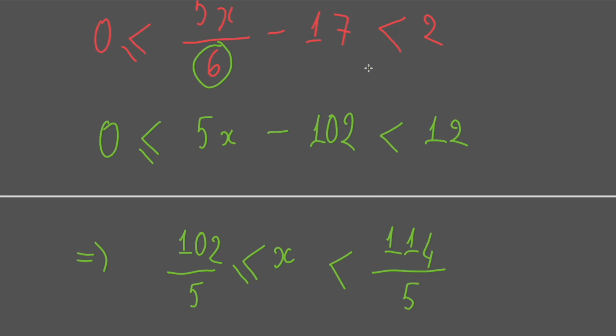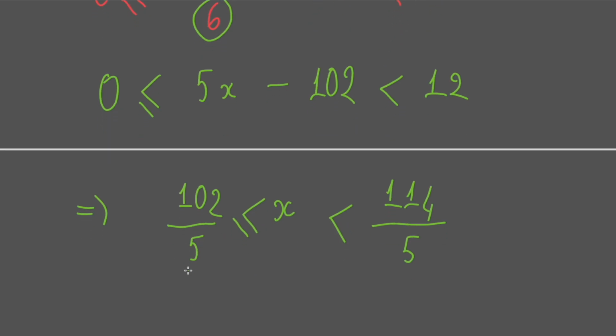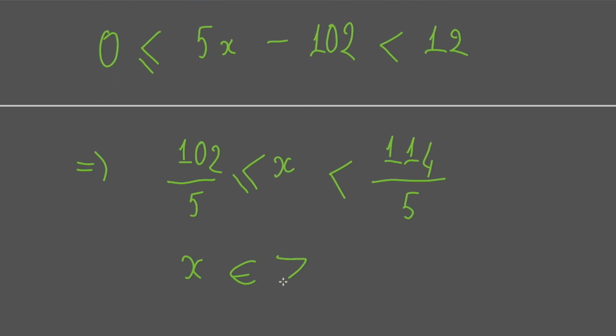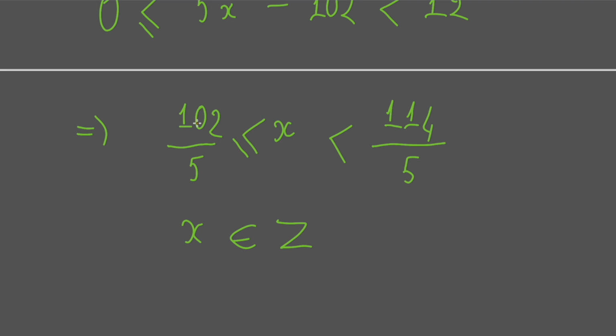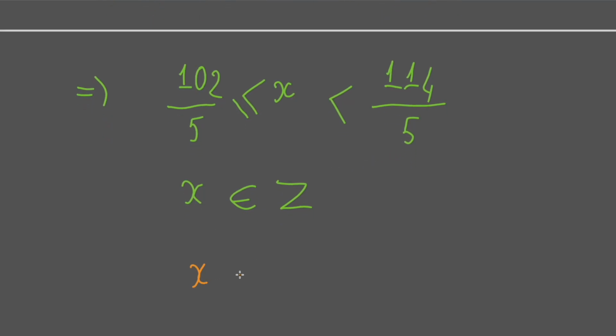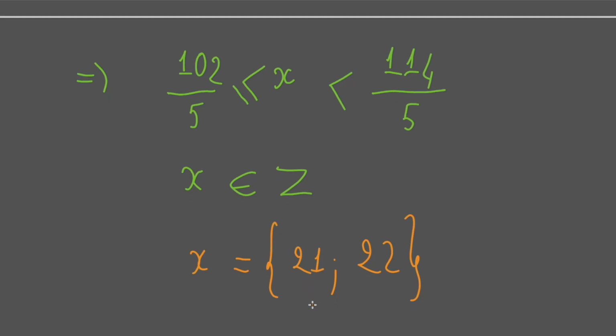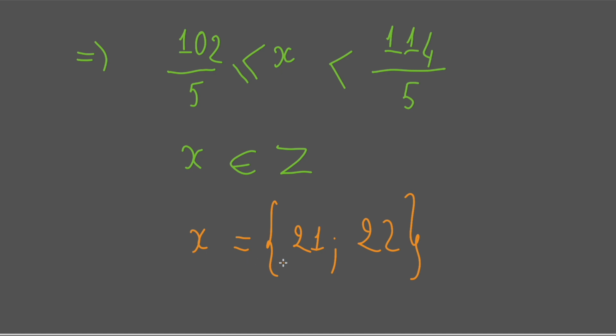And from the problem, it says x is a member of the integers. So obviously, between 102 over 5 and 114 over 5, x only belongs to 21 or 22. From this, if you conclude that the roots of the problem are 21 and 22, then you would be wrong.